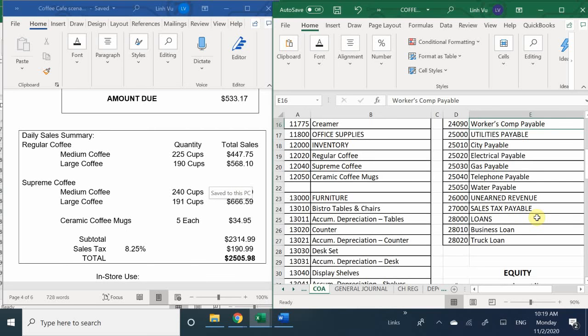What type of account is a payable? Do you own it? Do you owe it? We owe it. So what does that make it? Payable, your accounts where you have to pay.